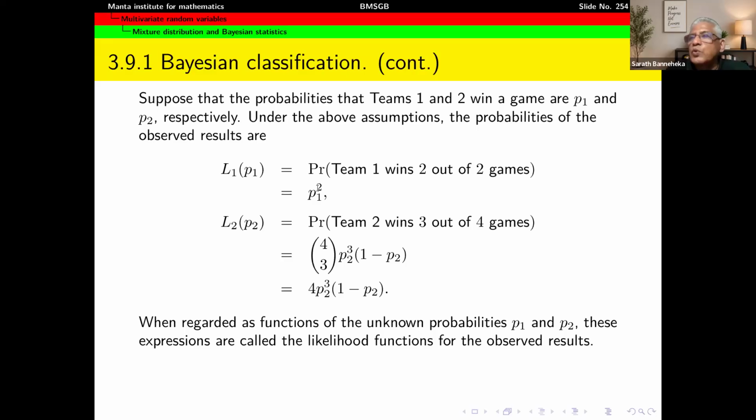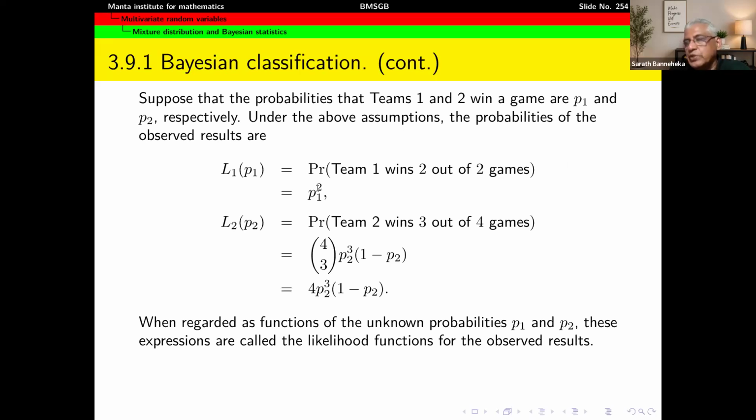When you look at the probability of something similar to what we have already observed, considering it as a function of a parameter is called the likelihood function of that parameter for the given data. Given the observations, we are looking at the probability of a similar thing happening if P was some value, say P1.